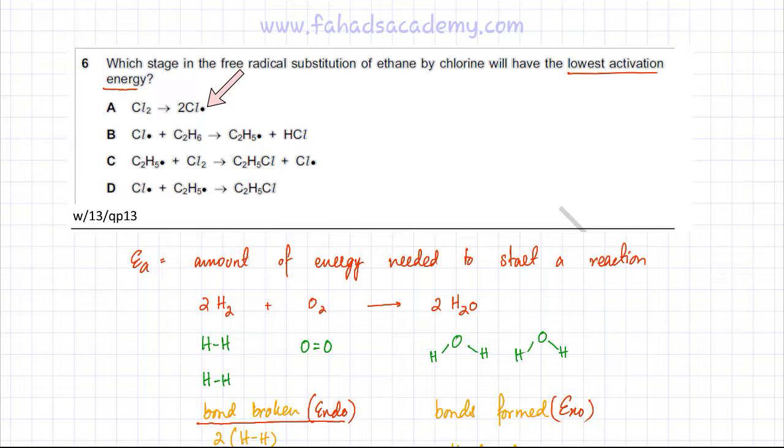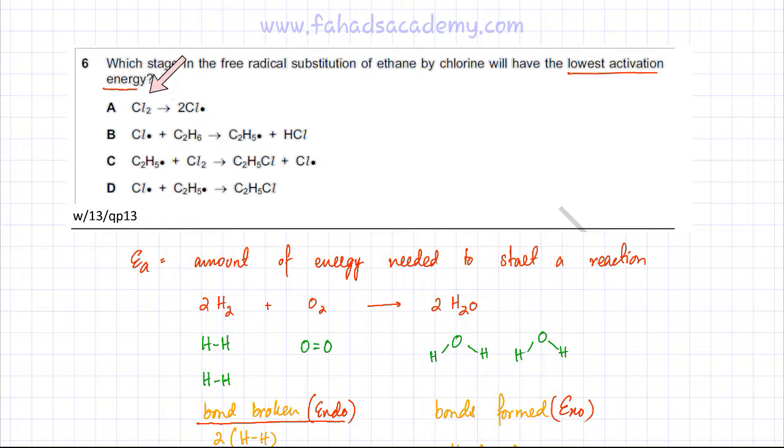A single chlorine atom would have 7 electrons in its outer shell, so it would need 1 more electron. You can ignore the dots, and the question would still be solved easily.